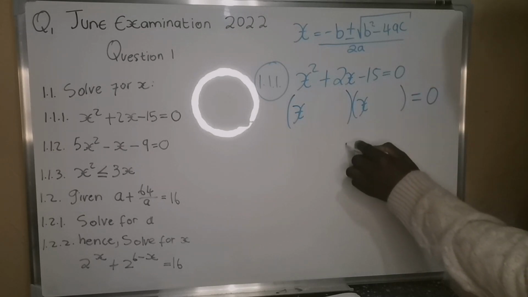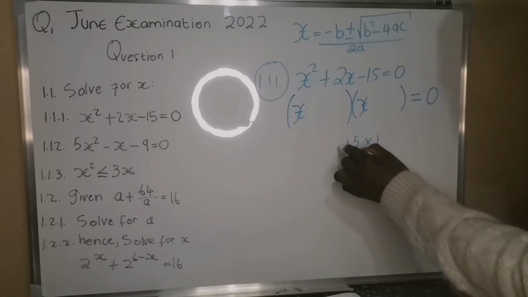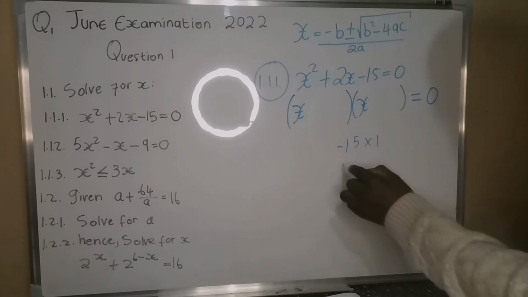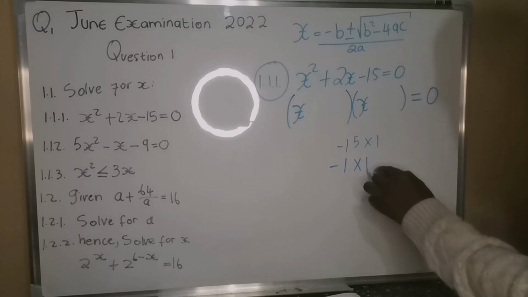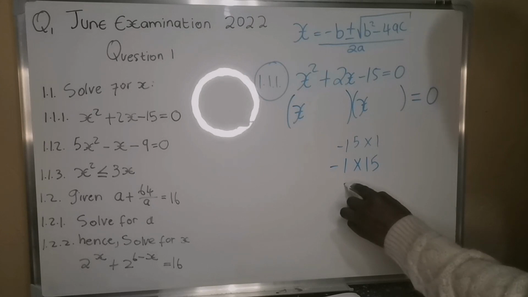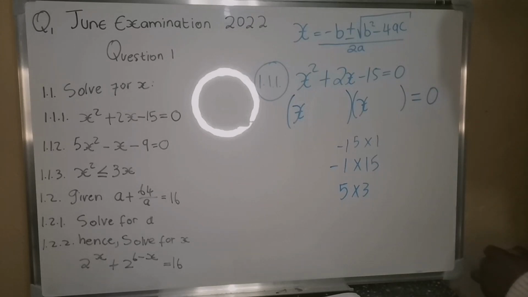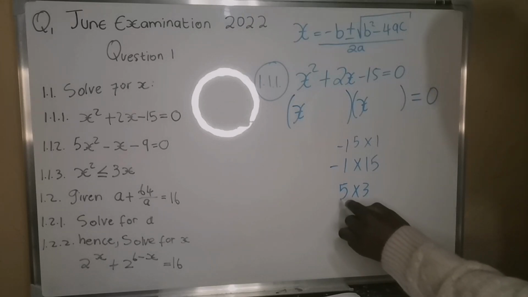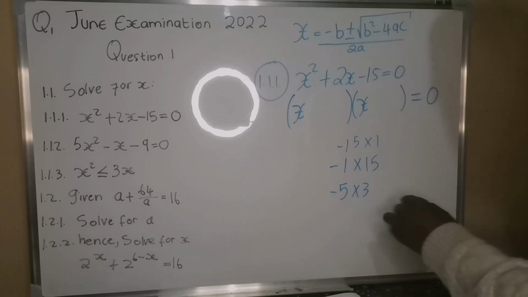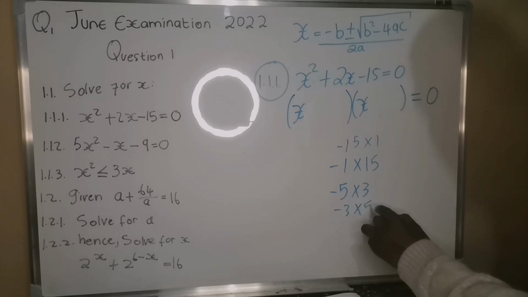Which numbers can I multiply to give me negative 15? I can have negative 15 times 1, or negative 1 times 15, or 5 times 3, negative 5 times 3, or negative 3 times 5.